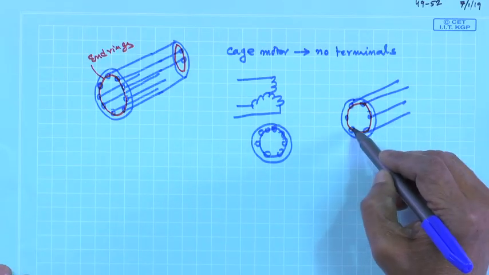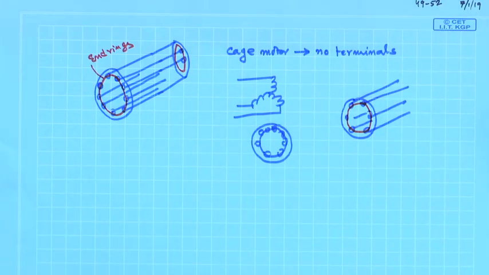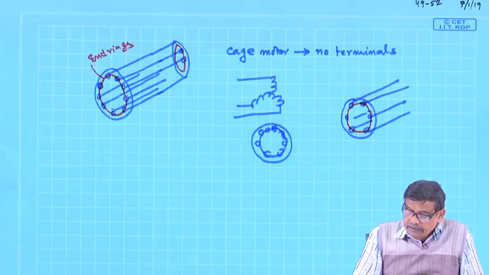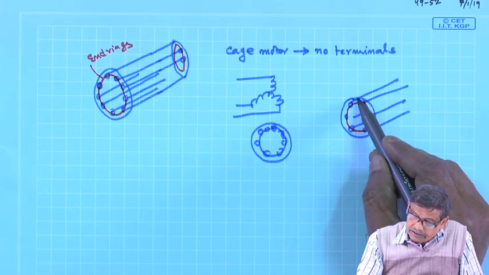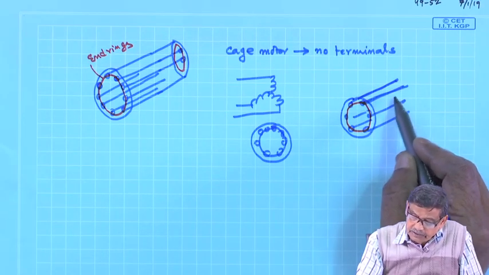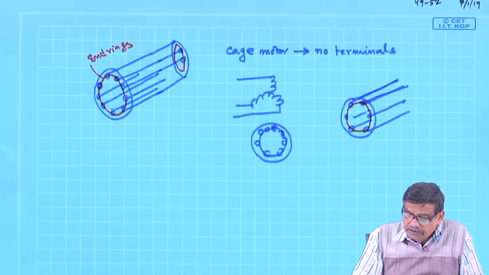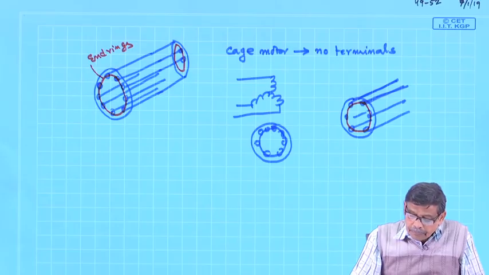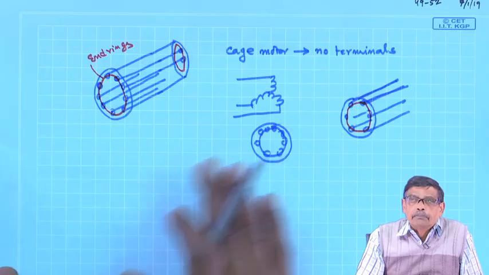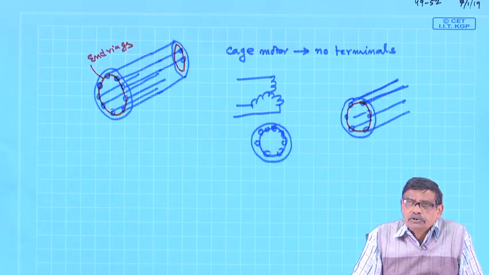Therefore, it is like an open circuit induction motor, and in each conductor there will be induced voltage. Although with one end ring open, things cannot move because there is no rotor current and hence no rotor poles. The important point is the rotor should produce the same number of poles as that of the stator, no matter what kind of winding you use.